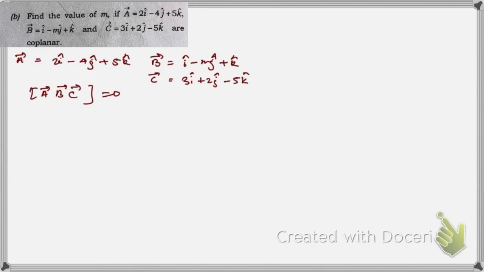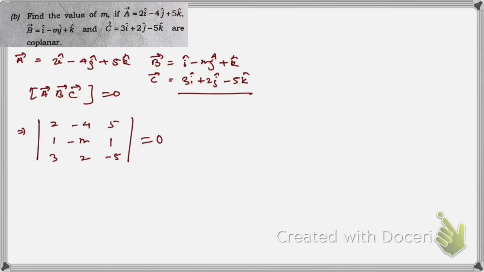That's what you have. So now how to evaluate this? The determinant with rows 2, minus 4, 5; 1, minus m, 1; and 3, 2, minus 5, right? So then it should be equal to 0.